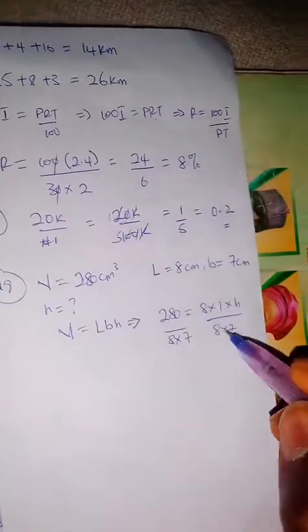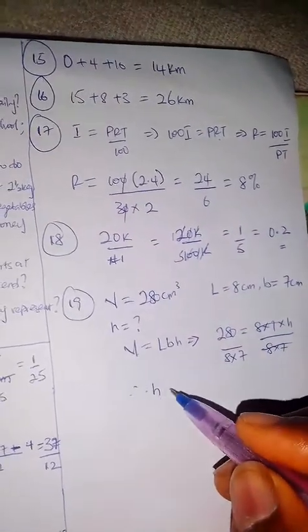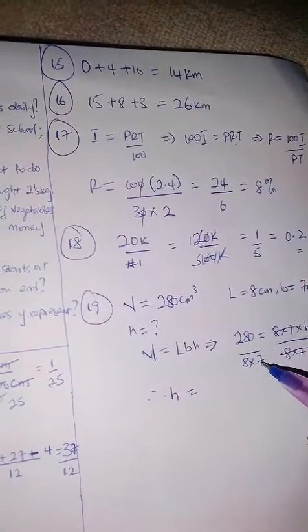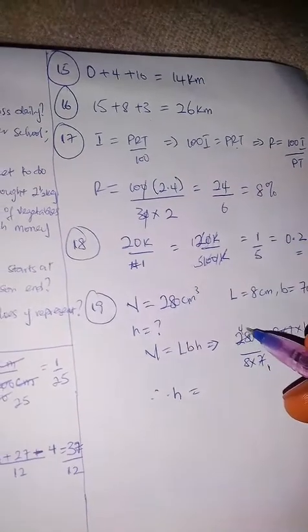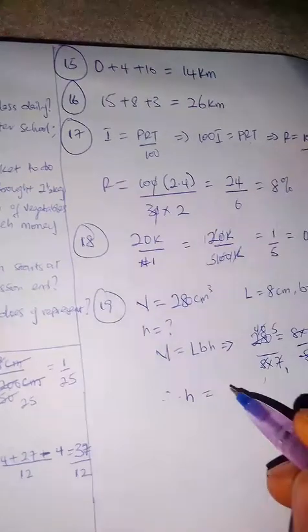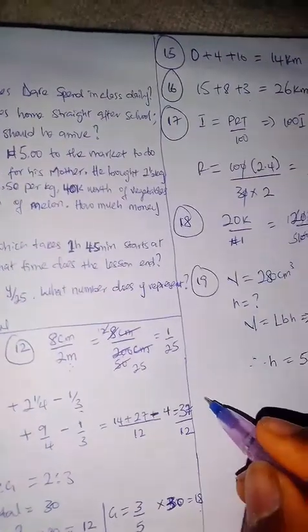Where this cancels out, I have my H to be equal to, if I say 7 in 28 is 4, bar. 7 here 1, 7 here 4, 7 is 0, 0. 8 here 1, 8 here 5. So H is equal to 5 centimeter.